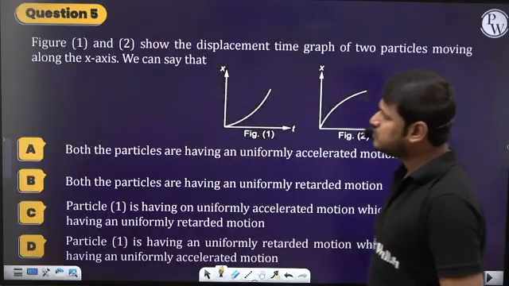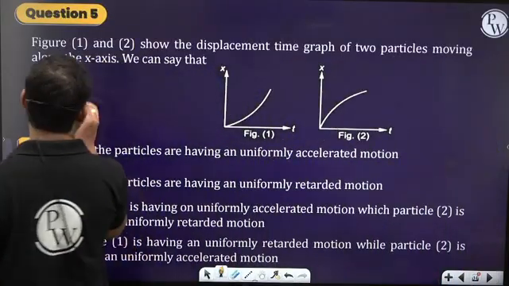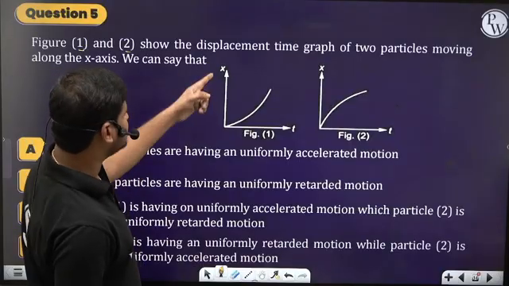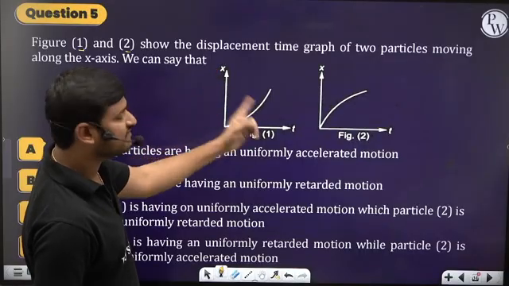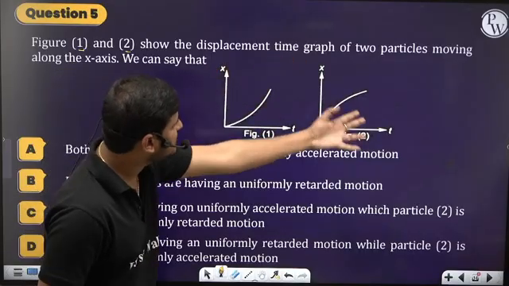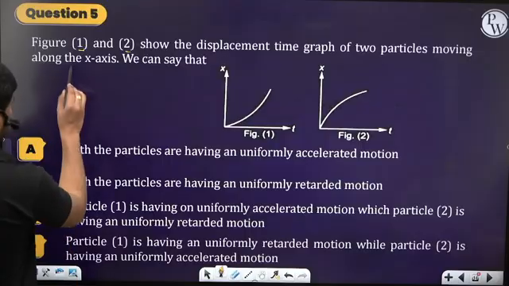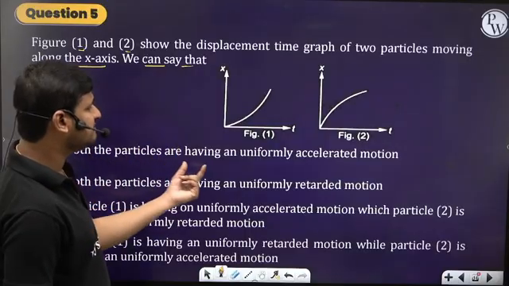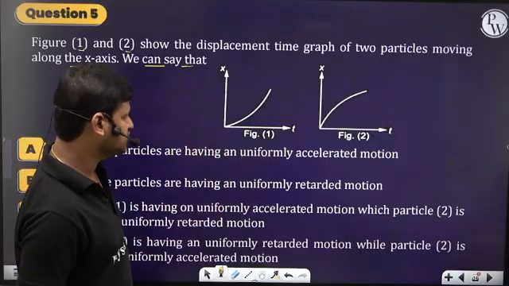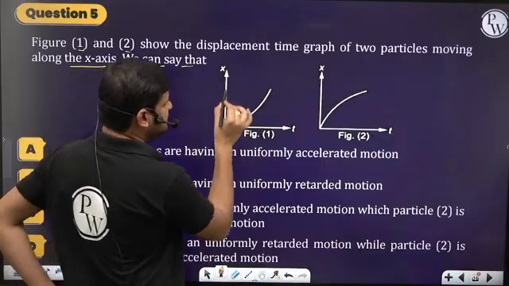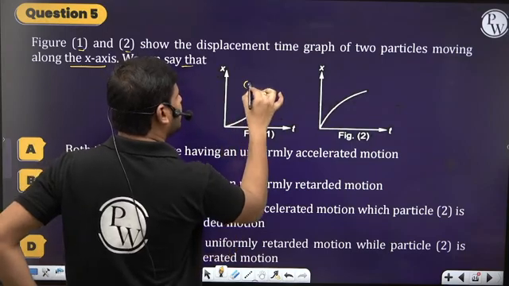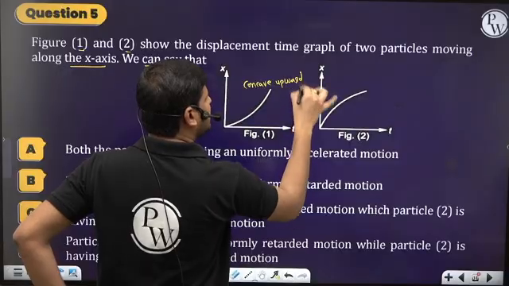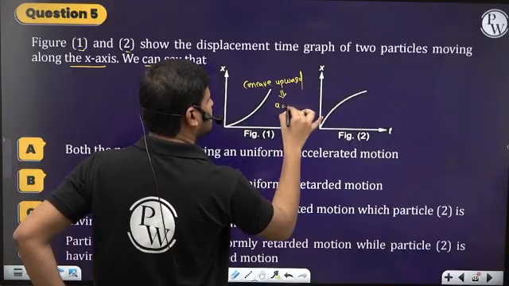Let's take one simple question. What does the question say? Figures 1 and 2 show the displacement-time graph. See here, x is given. x-t is the displacement-time graph, here also x-t is the displacement-time graph, moving along the positive x-axis. This is a position-time graph, concave upward, whose acceleration will be positive directly, we can say.